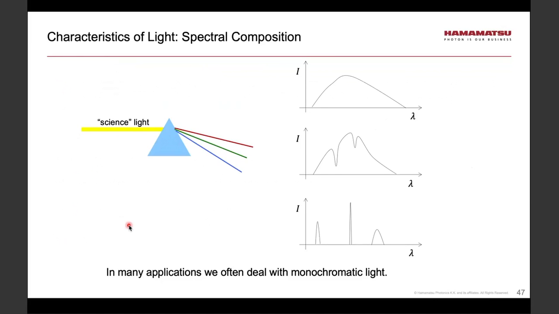So again, every light has a certain spectral composition. It could be black body emission, like shown here, where you have distinct wavelength components in the light. Very often, a given application will deal with nearly monochromatic light.